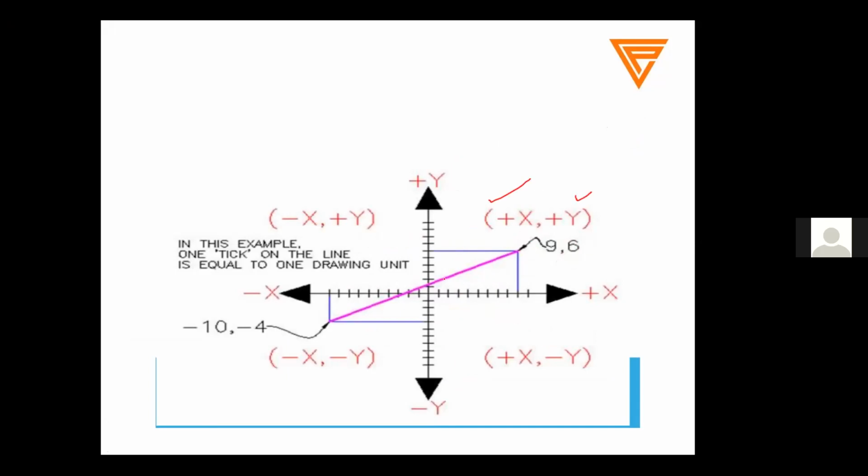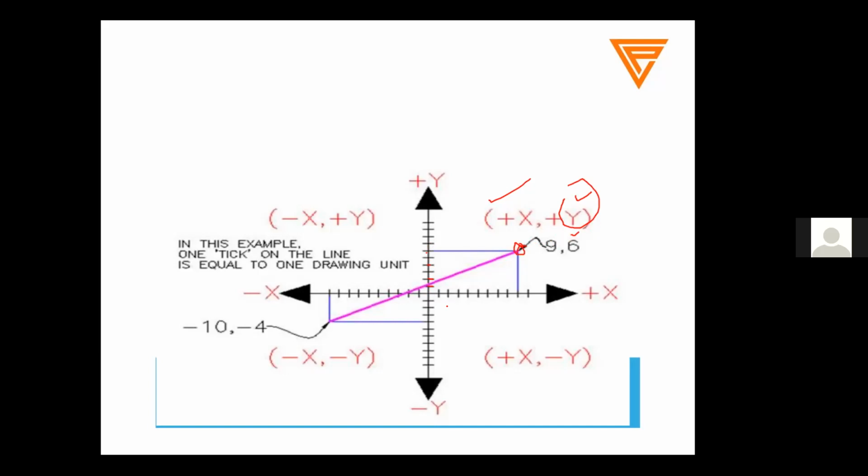So for the x coordinate you move on the x-axis, for the y coordinate you move on the y-axis. 9,6 means you move 9 steps in the x direction, and 6 is in the place of y, and there is no minus sign, that means it is positive. So you move in the positive direction 6 steps, and you simply draw this. You can find this point using this system. This is the Cartesian system.